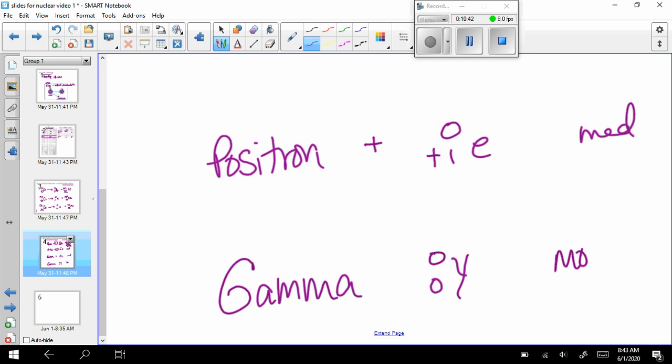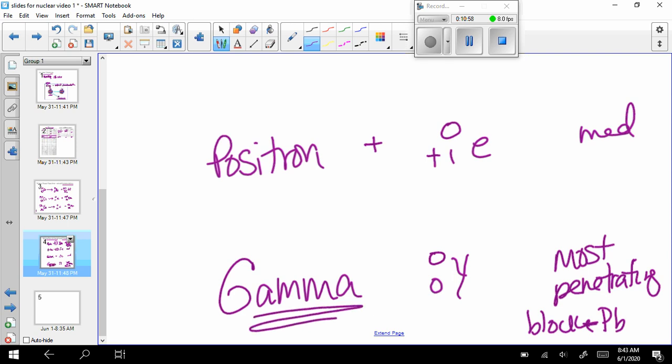This is the most penetrating. This is the fastest. This is like X-rays. This can go right through. To block it, you need something like lead, Pb. When you think about gamma, think about what you wear to block an X-ray. If you have an X-ray, you only want it to penetrate that one area of tissue in your body. You don't want it to go throughout your body. So you wear that heavy lead blanket to block it.